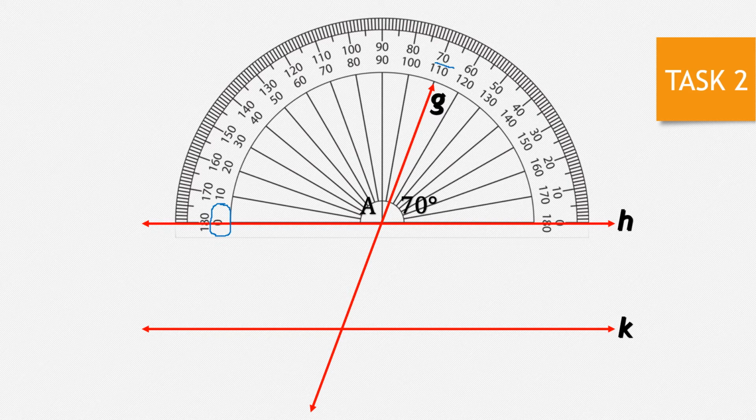So here it points to 110. So the measure of our angle A is 110, and make sure you have the degree symbol. That is the unit used in measuring our angle. So our angle A is 110 degrees.